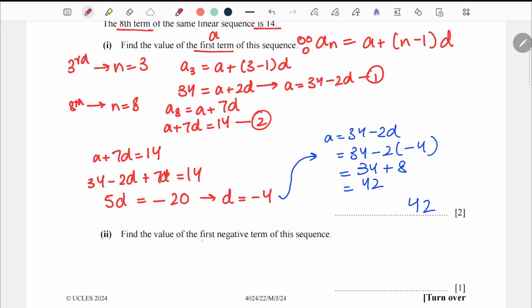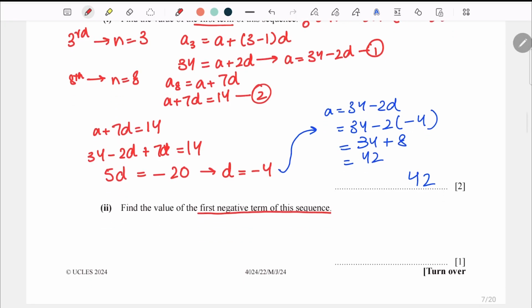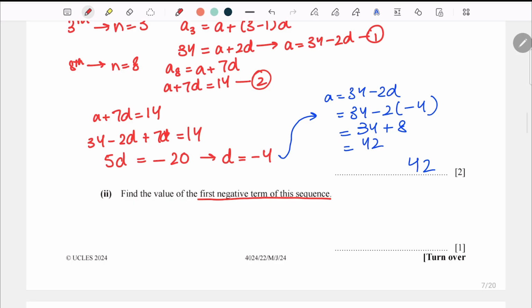Part 2, find the value of the first negative term of the sequence. The first term was 42, and the difference was basically minus 4. So we'll keep subtracting 4 from all the values until we get the first negative term. So 42 minus 4 would be 38. 38 minus 4 is 34.